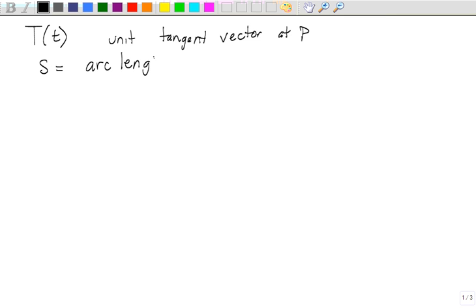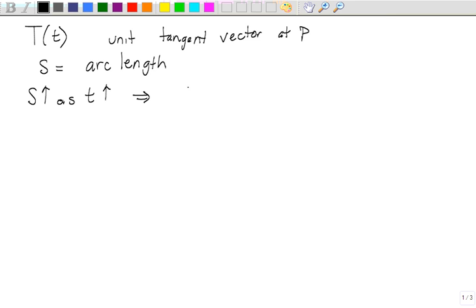Now also remember that T is the unit tangent vector at P. S we'll say is the arc length. So we'll say S increases as t increases.